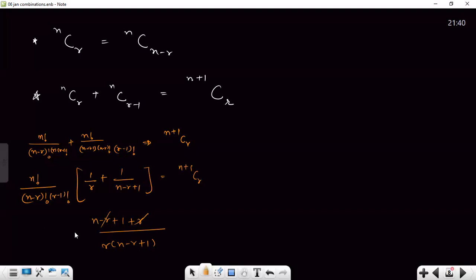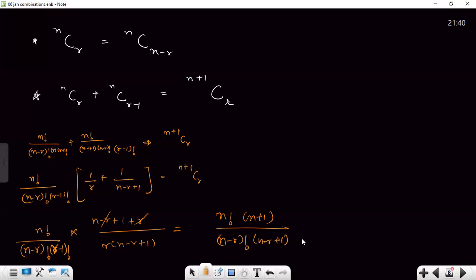So the denominator is multiplied by whatever was there, r minus 1 factorial. I'm solving the left hand side further: n factorial into n plus 1 divided by n minus r factorial into n minus r plus 1 into r minus 1 factorial.